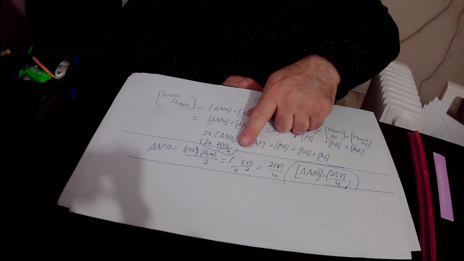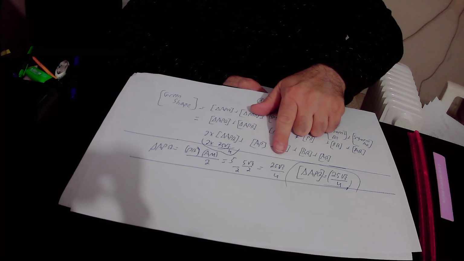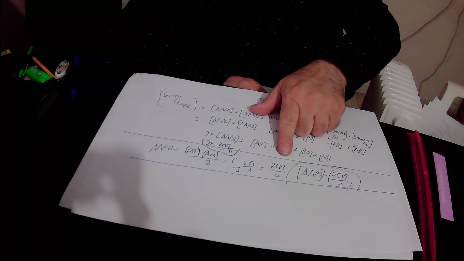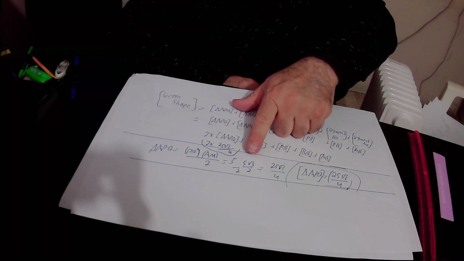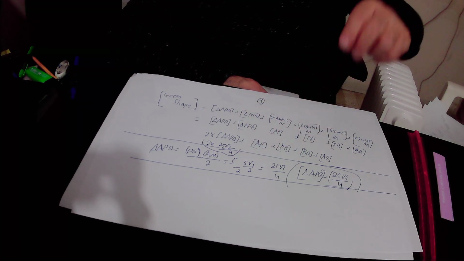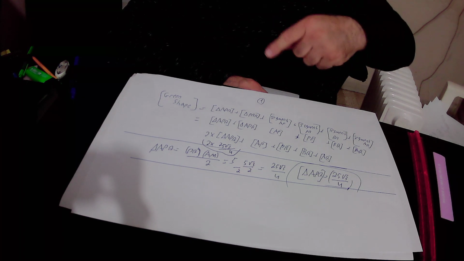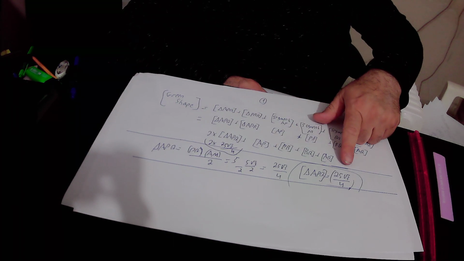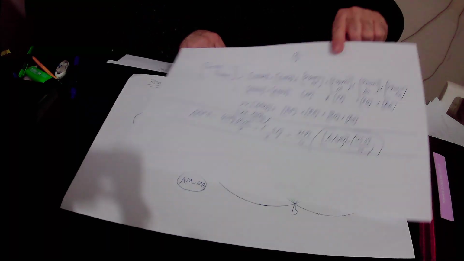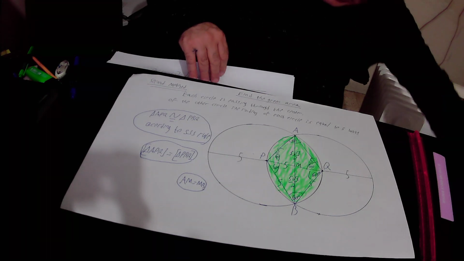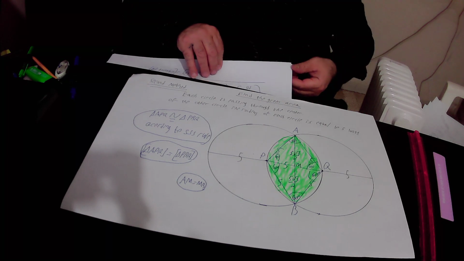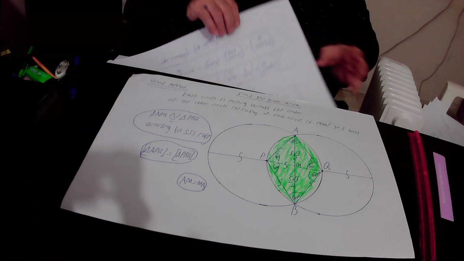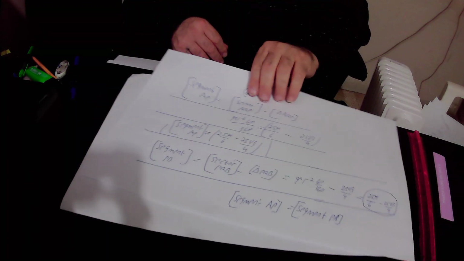So 5 times 5 is 25, so in the numerator we have 25 times square root of 3, and in the denominator we have 2 times 2, that is 4. So in conclusion, the area of triangle APQ equals 25 times square root of 3 over 4. Okay, and then we calculated the area of segment AP.